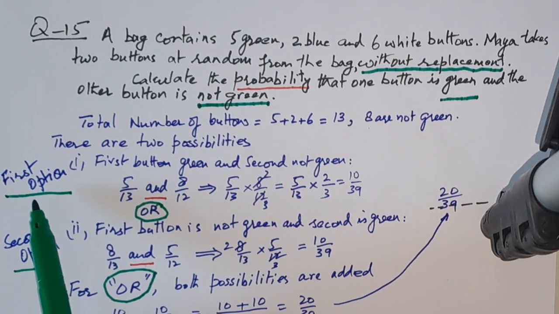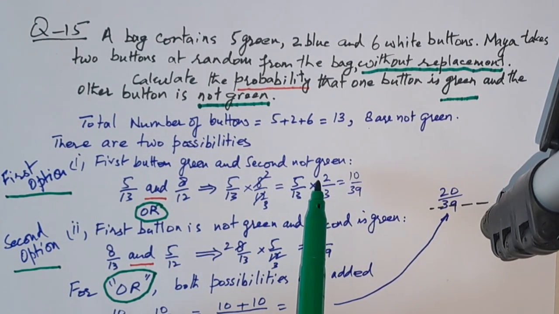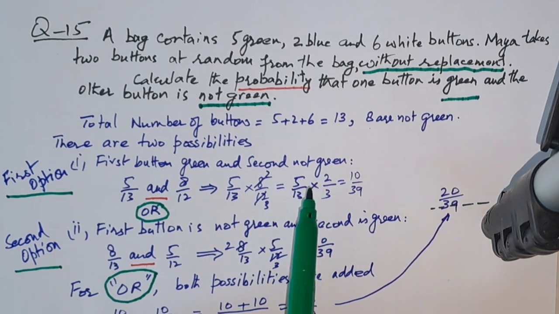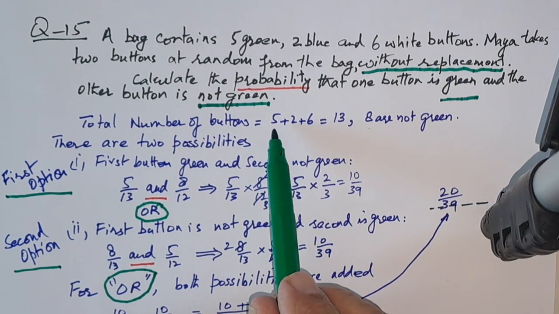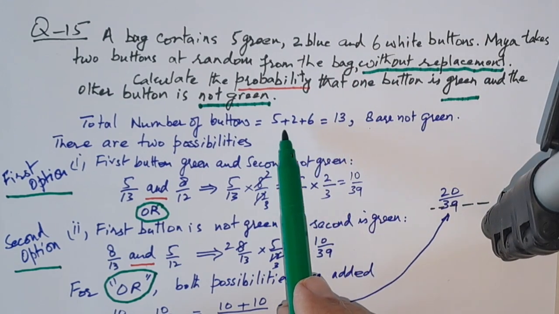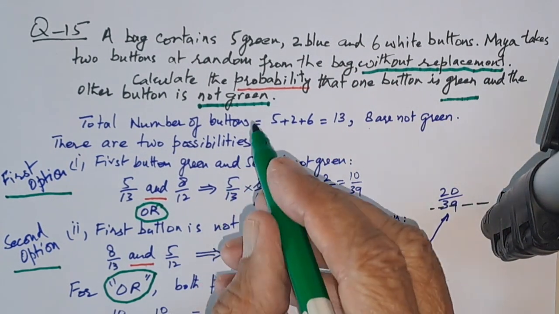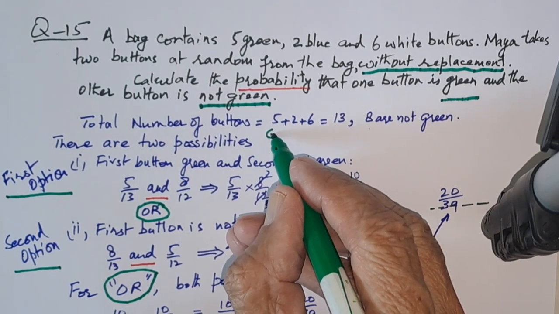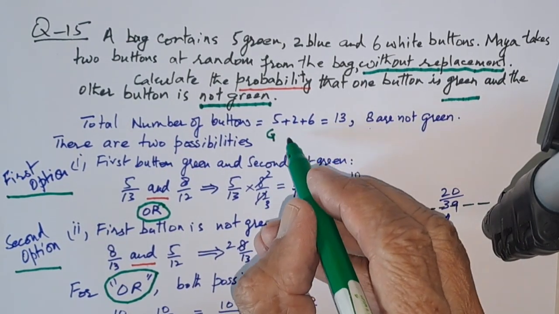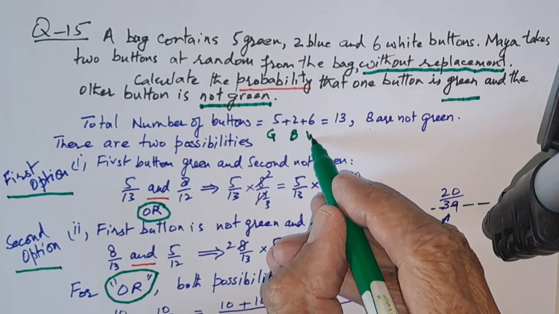If the first option is taken as first button green and second not green, the total number of buttons is 5 plus 2 plus 6, equal to 13. 5 are green, 2 are blue, and 6 are white.